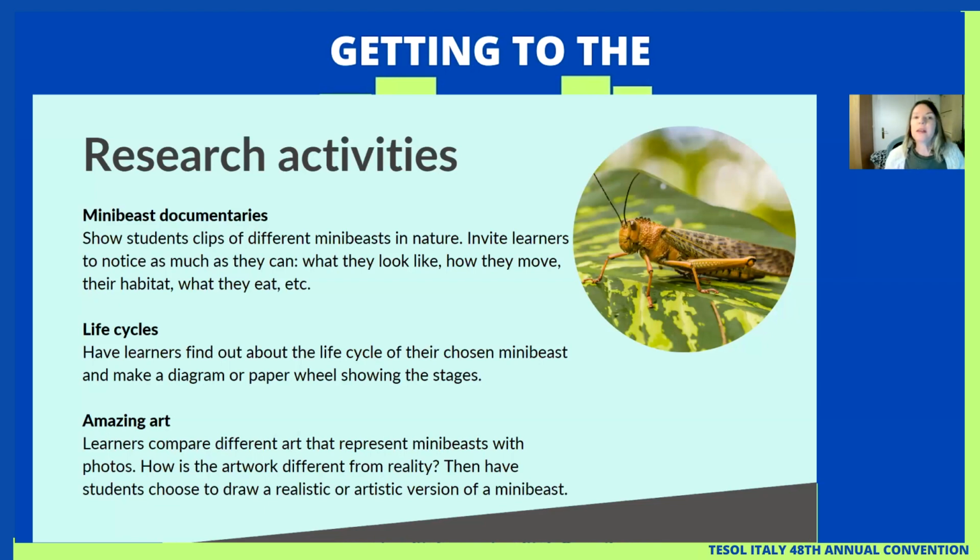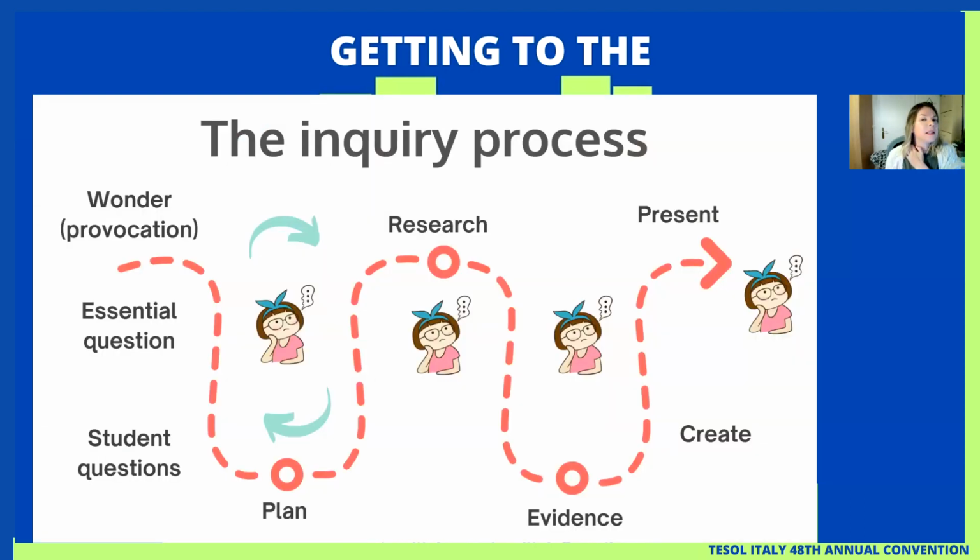So you would do maybe 2 or 3 activities. You wouldn't want to do all of them, I don't think. And now students have some information, right? They've learned something from these activities. And some of this information might help them answer the essential question. So they need to look at this information, see how it answers the question, what evidence they have to back up their answers to the essential question.